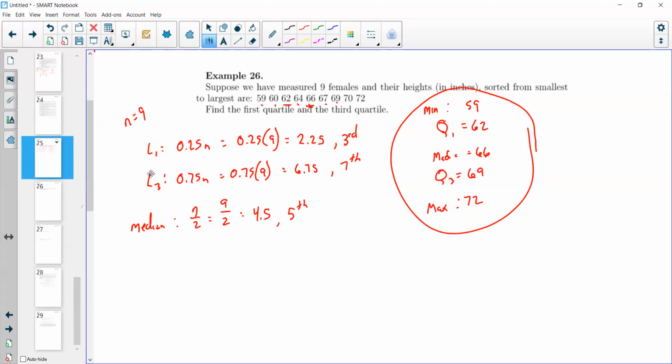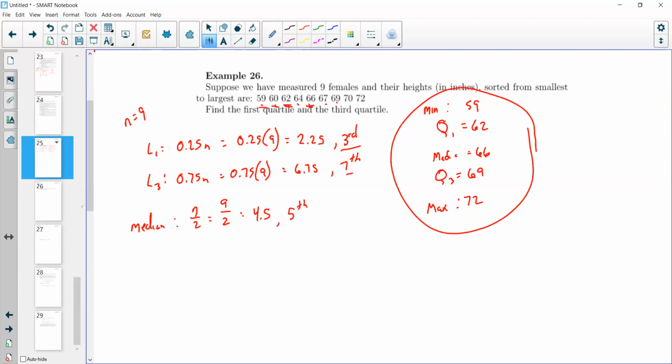A couple people still writing. Yes. I'm sorry? This is telling me that Q1 is the third data point. 1, 2, 3.